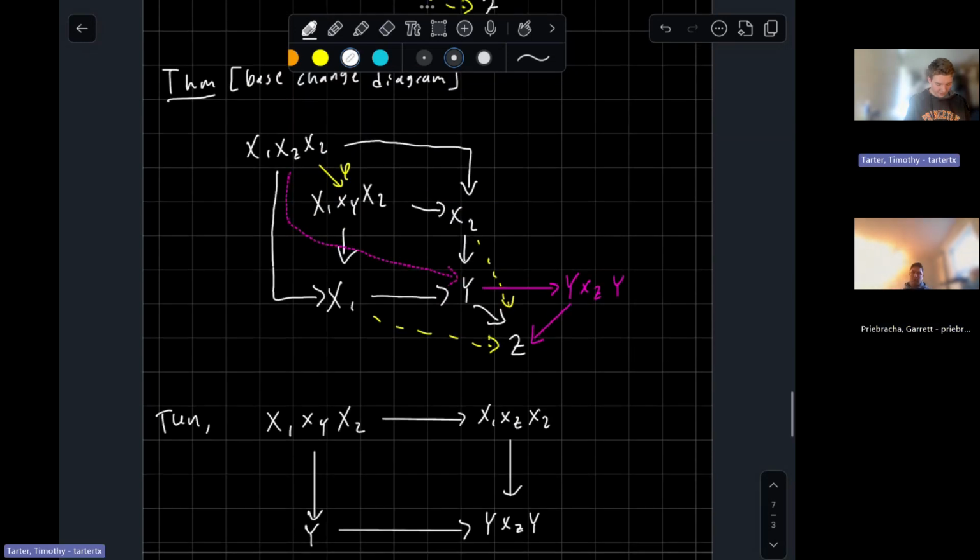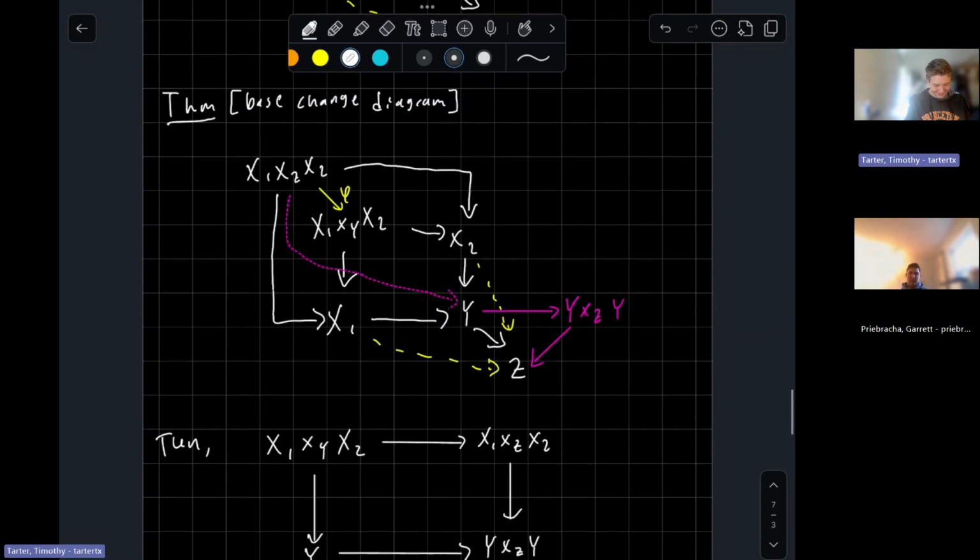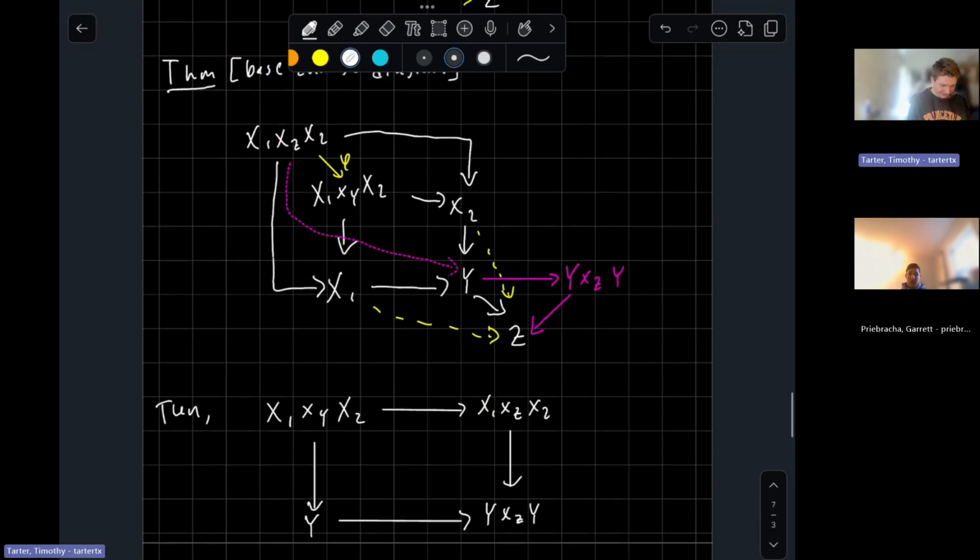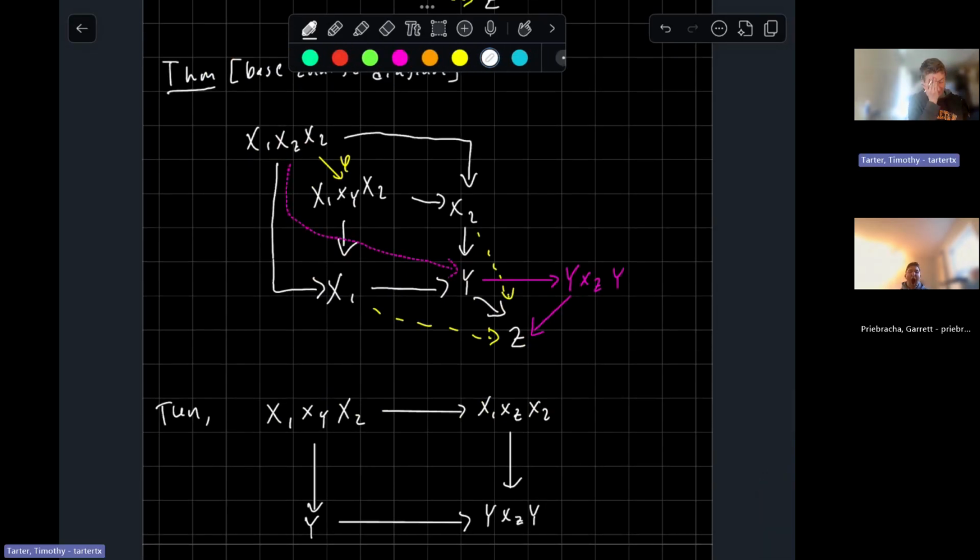Okay, so let's start labeling things. What is this? Okay. Morphisms are in orange. Alpha, beta, pi x2, pi x1.